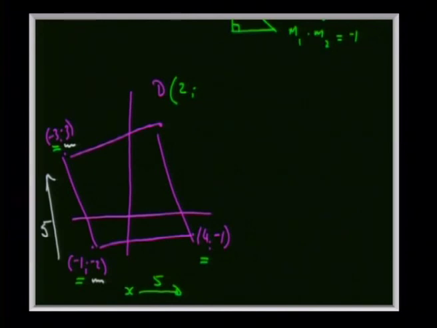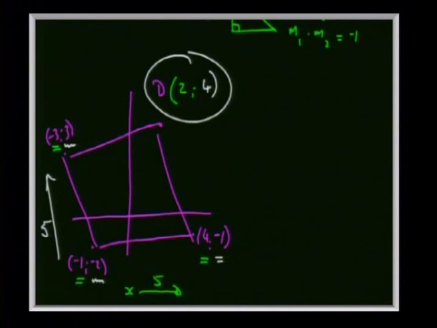So from -1 to what value is 5 units? To the point 4. Very good. And so the fourth vertex of our parallelogram is the point D, (2, 4).